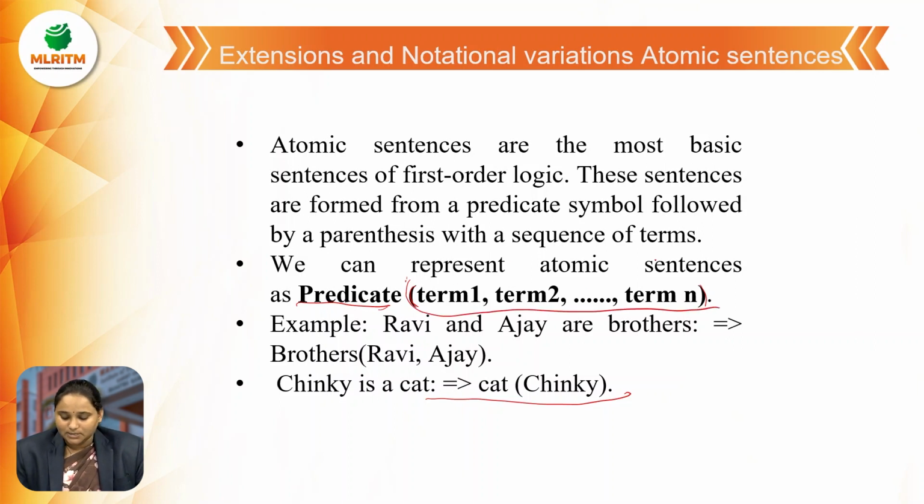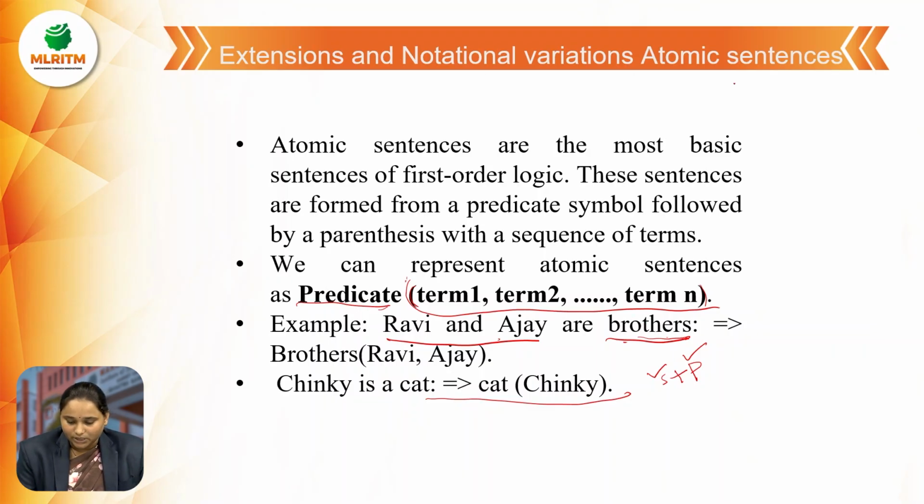Next, we can represent atomic sentences as predicates. Here, Ravi and Ajay are brothers. The subject is Ravi and Ajay, and the predicate is brothers. In a sentence we have a subject plus a predicate.